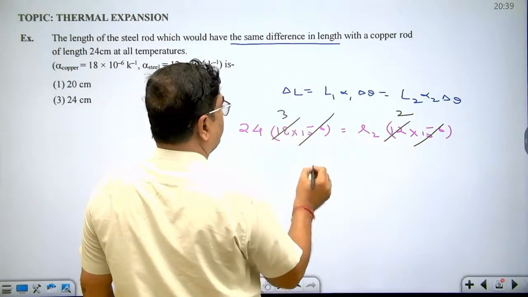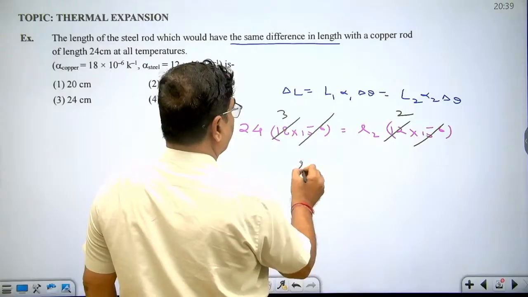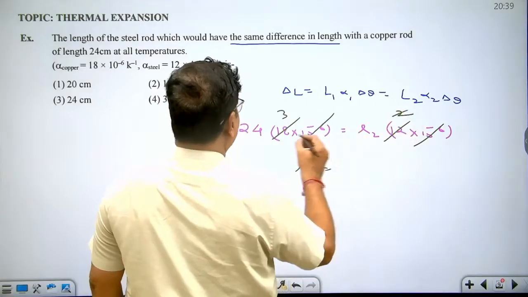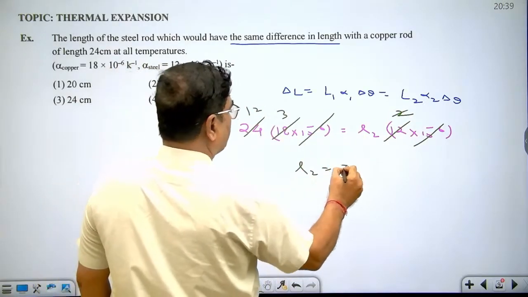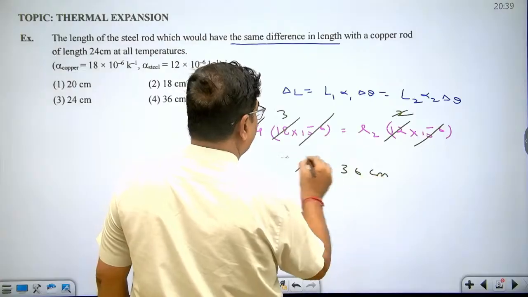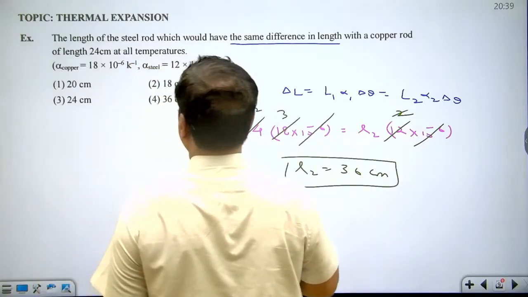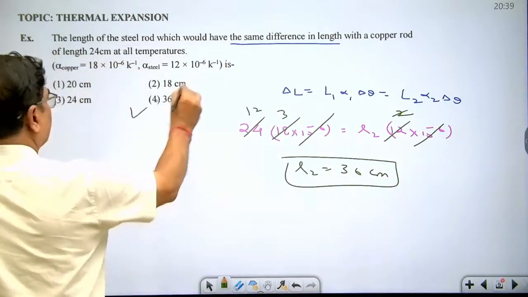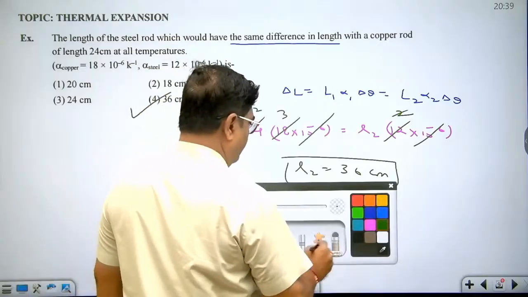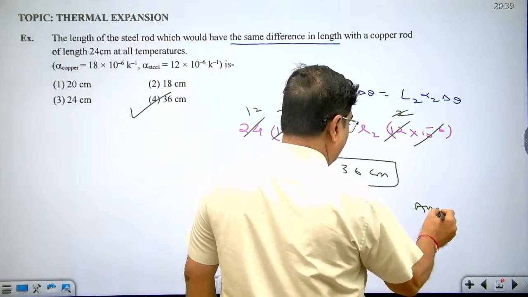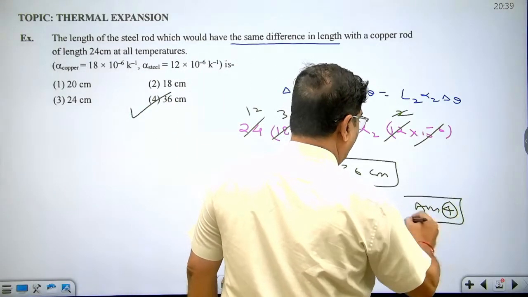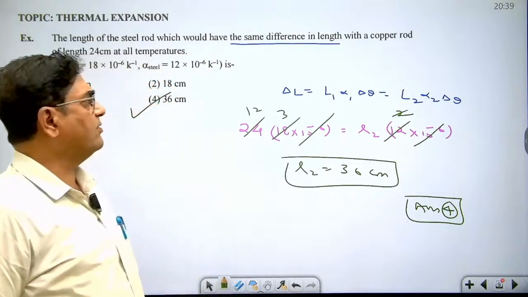From 6, this will be 2 and this is 3. So L2 is 12 times 3, which is 36 centimeter. This is the answer. So the answer to the given question is option 4.